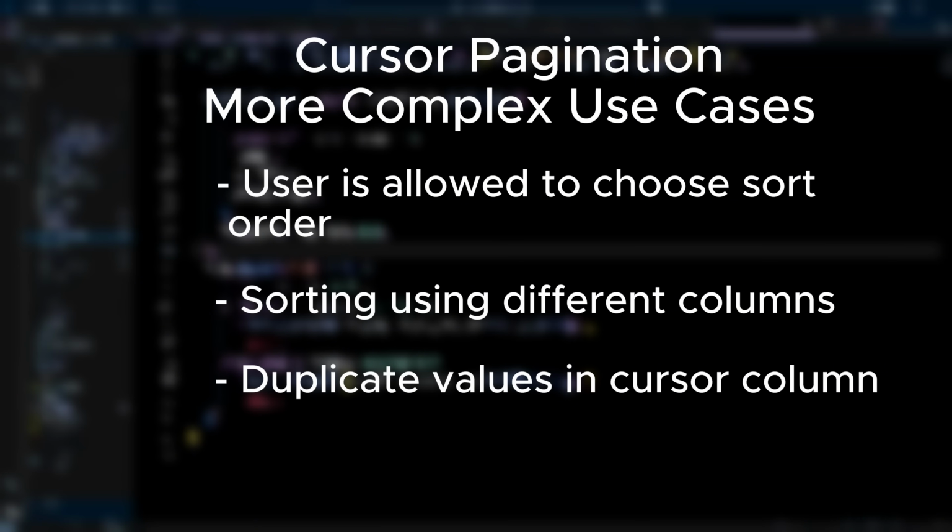This can cause incorrect pagination behavior, where records might be skipped or duplicated across pages. The solution is to use an additional tiebreaker column, such as ID. So you will have to sort by both createdAt and ID, and your cursor will be the values of createdAt and ID together. You can separate them by a pipe or underscore before encoding to base64.